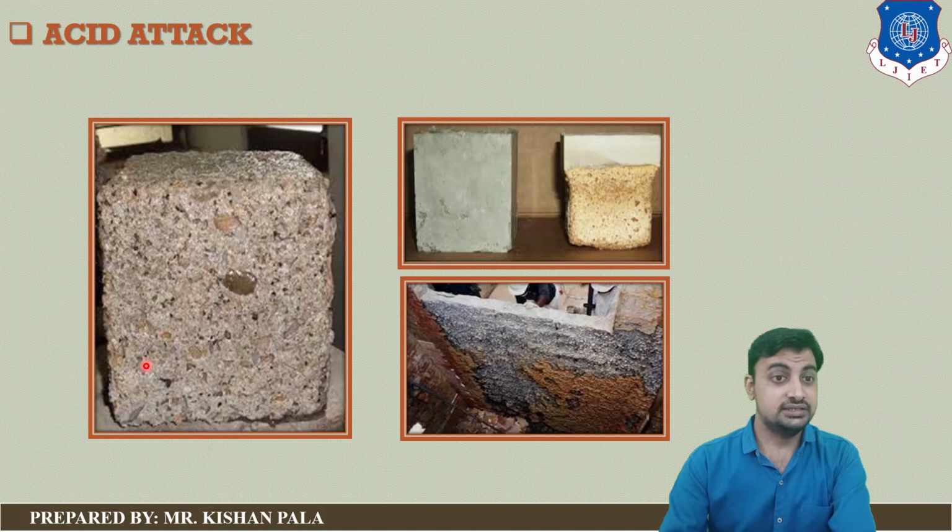Next one is acid attack, due to different types of industrial acid. You can see on your screen the concrete affected by the acid in the first photo, and this is the second photo. You can see the transformation of the concrete mass after the acid attack, and here you can see a wall affected by the acid attack.